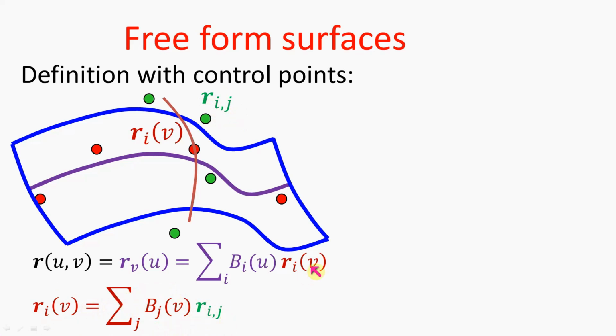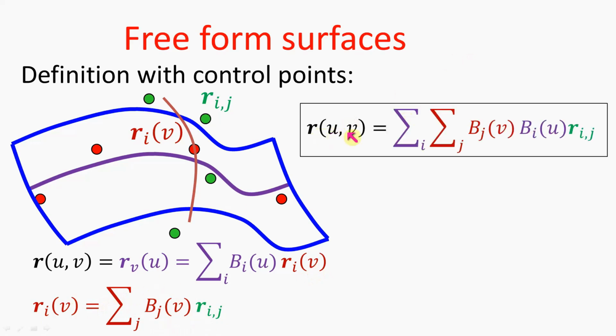Substituting the formula of the first level control points into the previous equation, we can express the two-variate surface equation as the combination of a two-dimensional grid of control points where the weighting functions are the products of the curve weighting functions. One is parameterized with v and the other is parameterized with u.